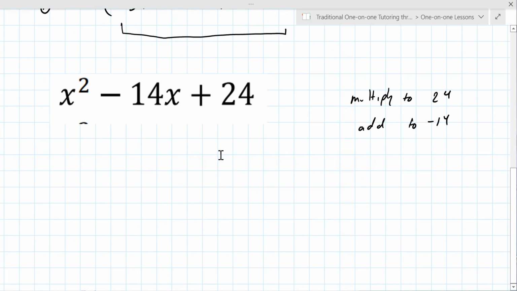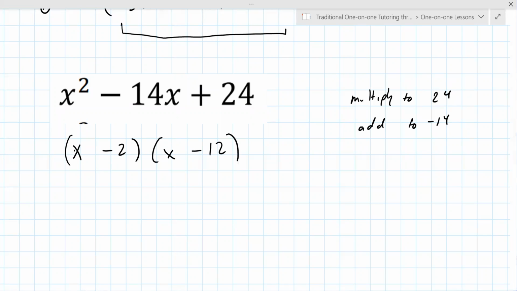Right. 12 and 2. So those satisfy the first condition, the 24, but they add up to positive 14, not negative 14. Negative 2 and negative 12. Yes. Very good.